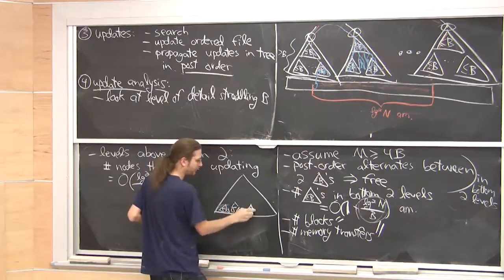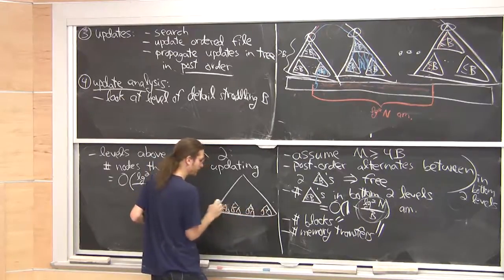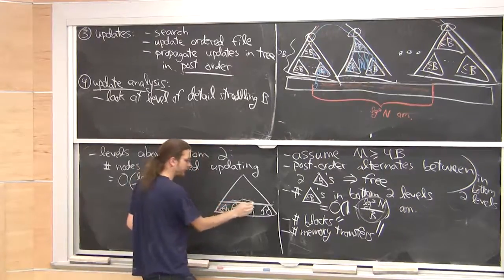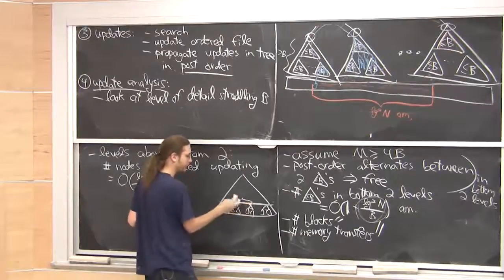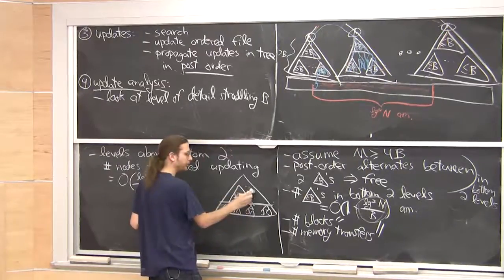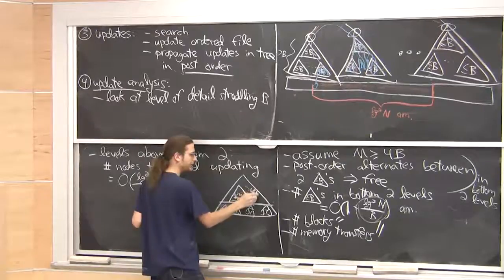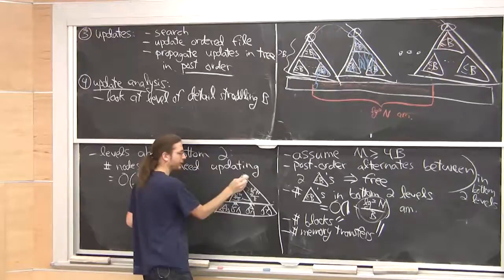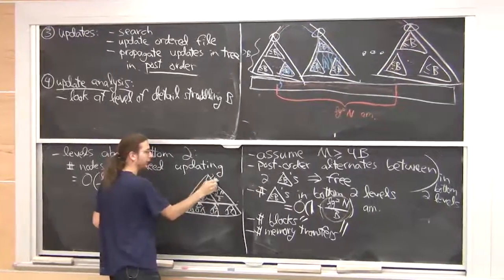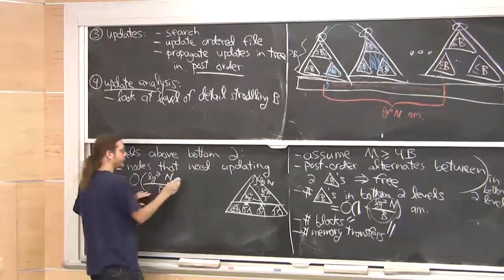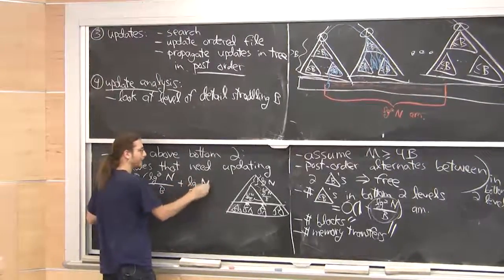Okay, we're shaving that off. Up here, the number of nodes here, these roots that we're dealing with, that's the log squared n over b. So if we build a tree on those nodes, total number of nodes in here is only log squared n over b times 2, because it's a binary tree. But then there's also these nodes up here. This is potentially log n nodes. So the number of nodes that need updating is at most this plus log n.